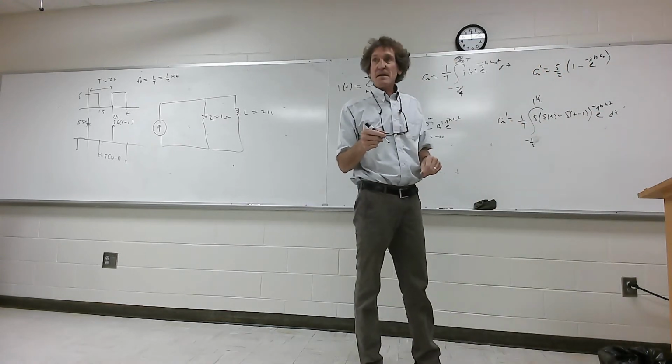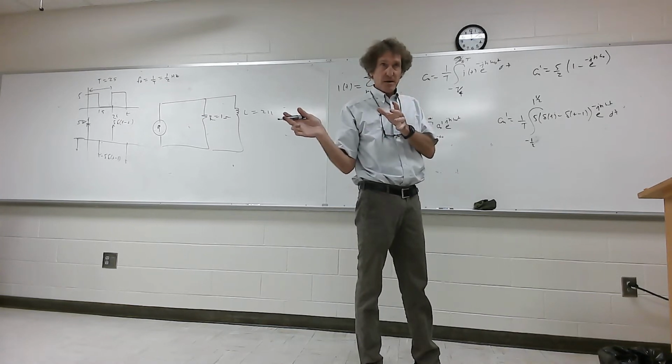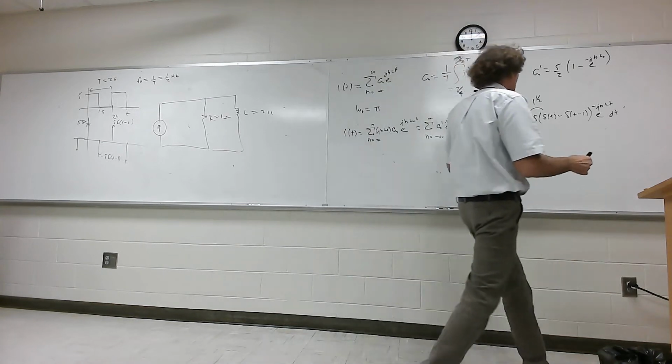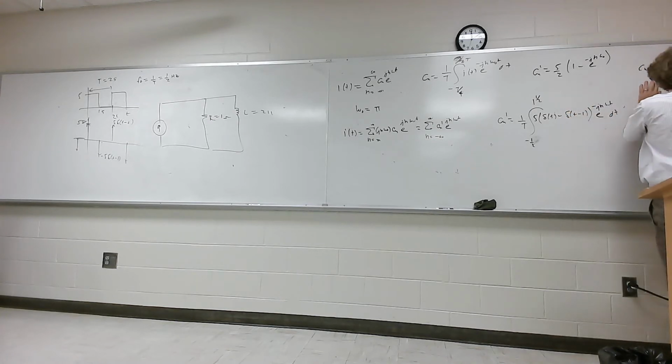Now you have to divide that by j n omega naught to get the value of c of n that we care about. Correct, class? That's going to be c of n equal to 5 over 2 over j n omega naught times 1 minus e to the minus j n omega naught.